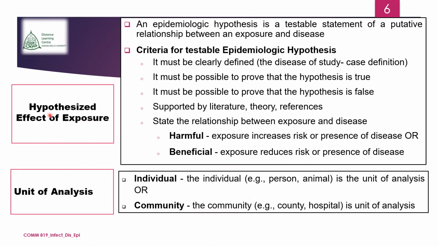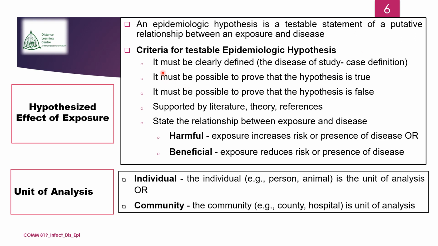All right, let's move on. Our next consideration is to hypothesize the effect of exposure. So we said an epidemiologic hypothesis is a testable statement of a putative relationship between an exposure and disease outcome. And there are certain criteria for a testable epidemiological hypothesis.